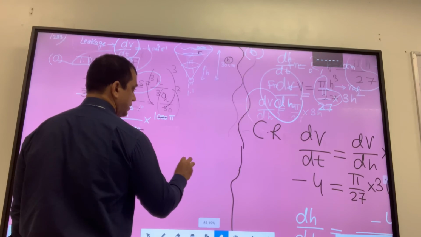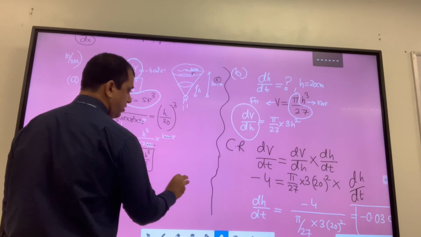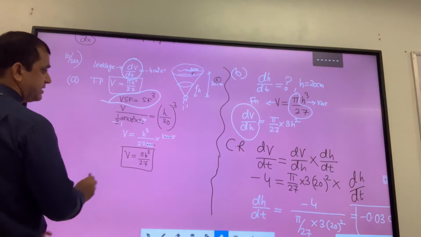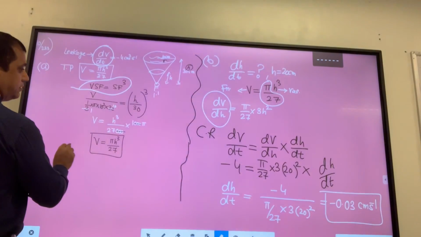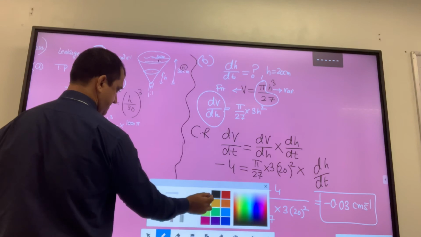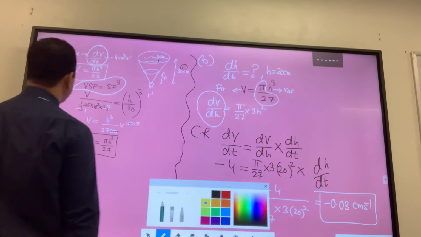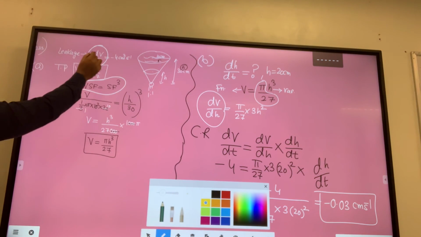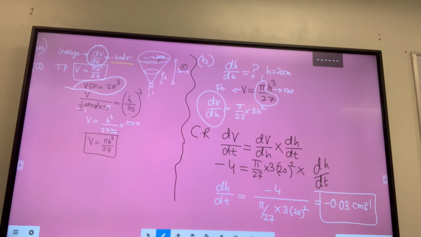So if I zoom out to see all things together, it is something like this. Okay, so we were given the leakage volume -4 centimeter cube per second.